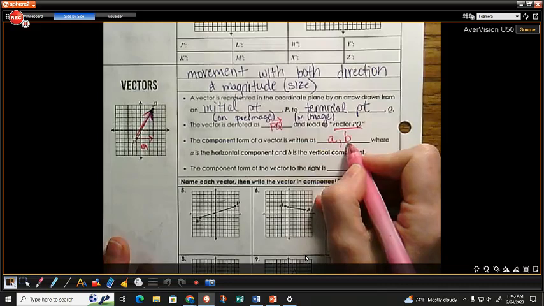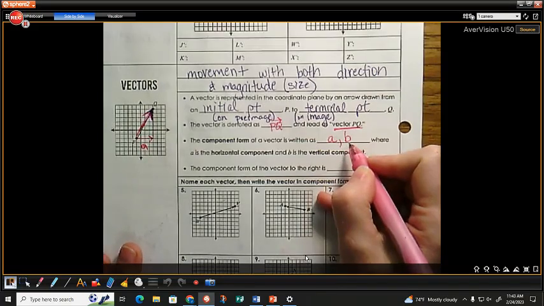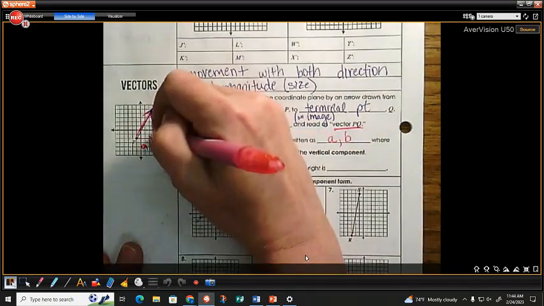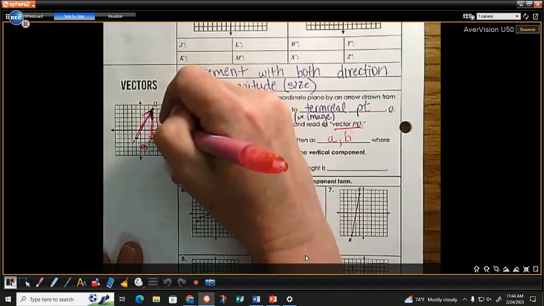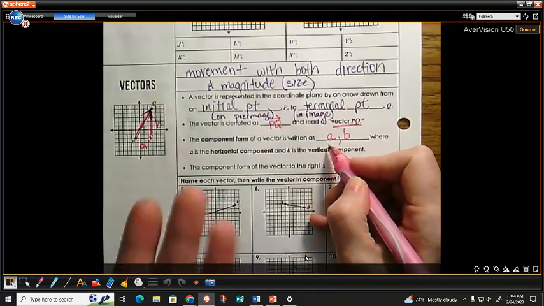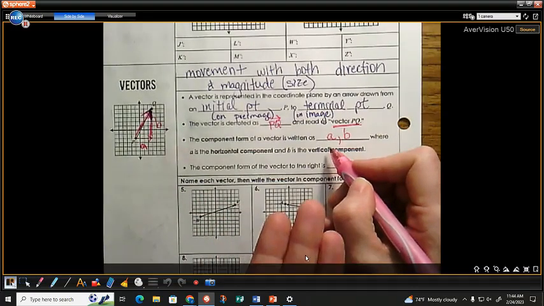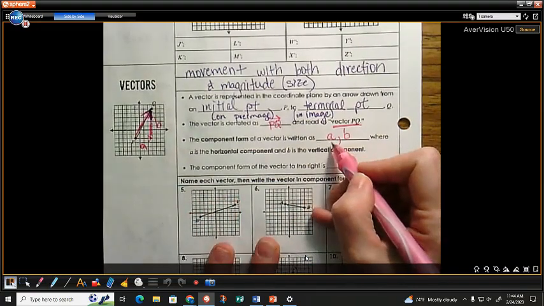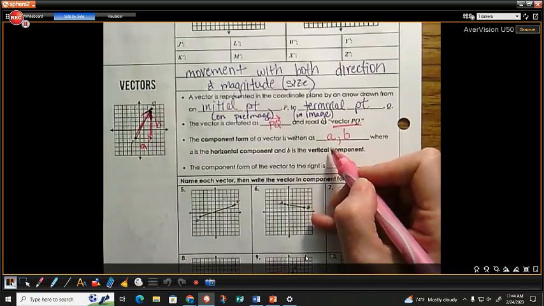And the Y amount, what's it going to tell me? How far up and down my vector will go. Okay? And since it's in the position of the X, do I need to write the X? No. I can just know that the X thing goes first, and so that's what's there.